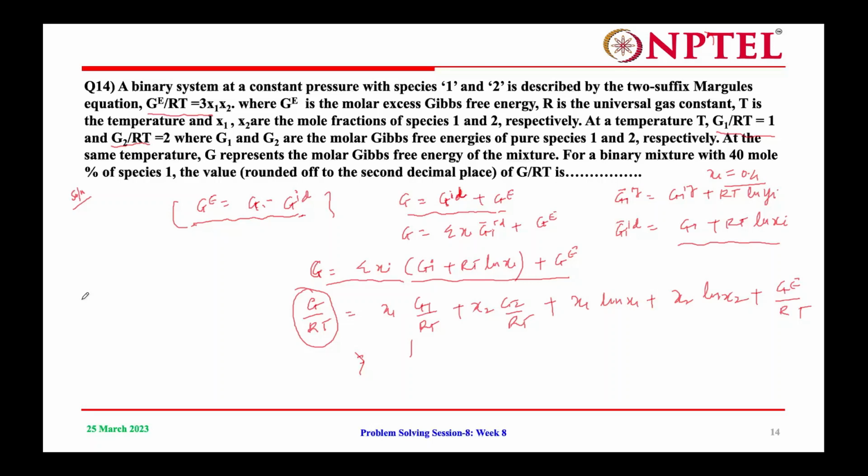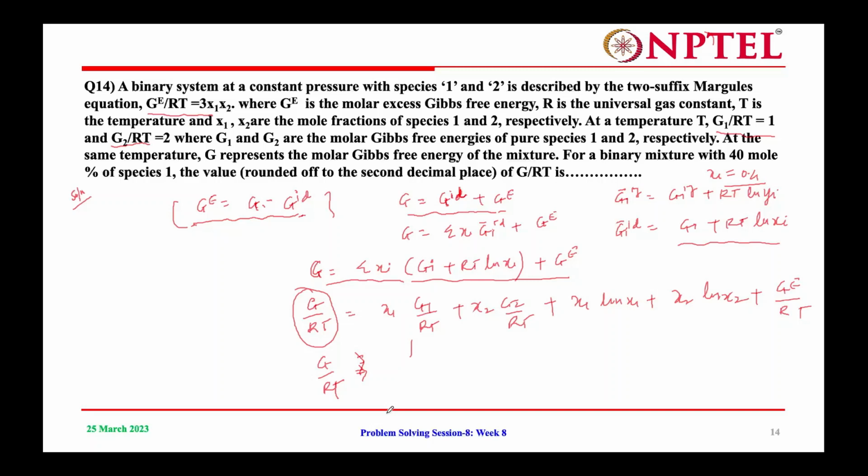So it is used for mixtures, which may be gaseous or liquid. What is the value of G by RT?